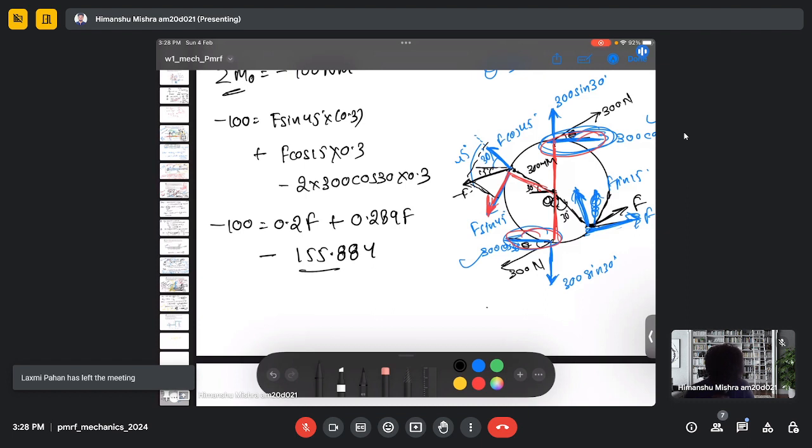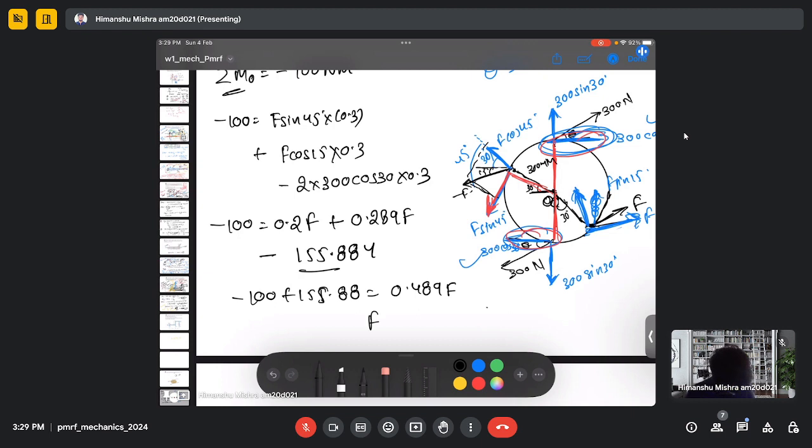So if I bring this into the left hand side, I will get minus 100 plus 155.88 equals 0.489 F, which will give me force 114.8 Newton.